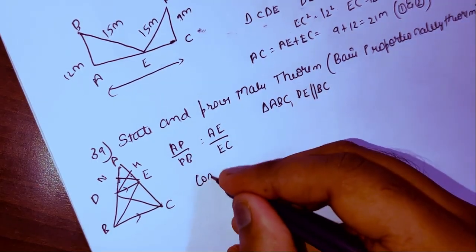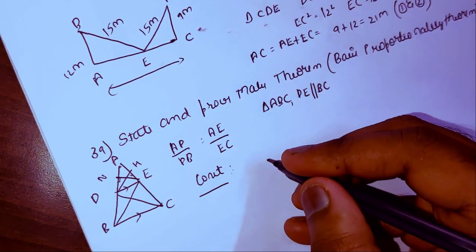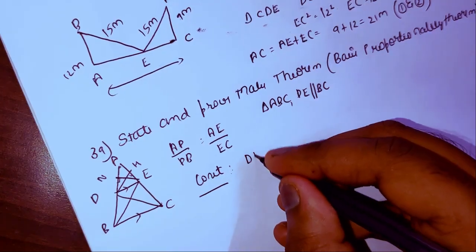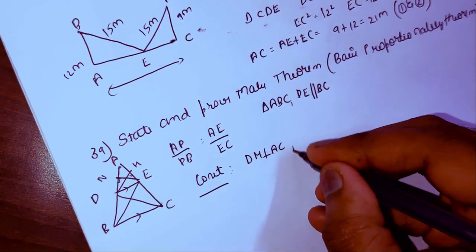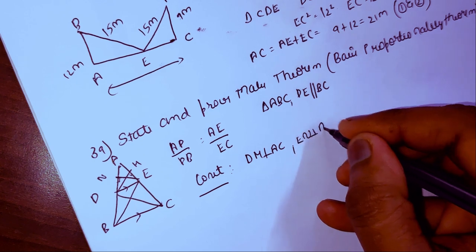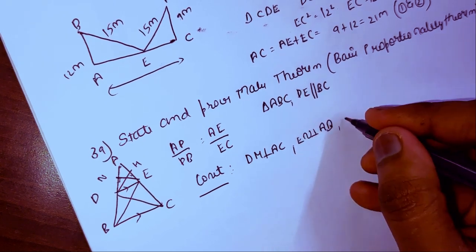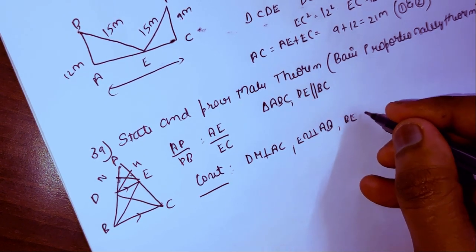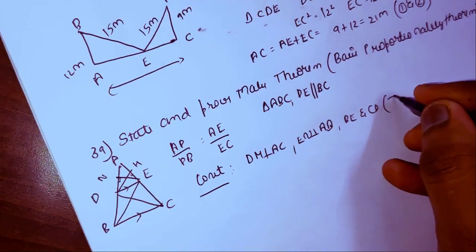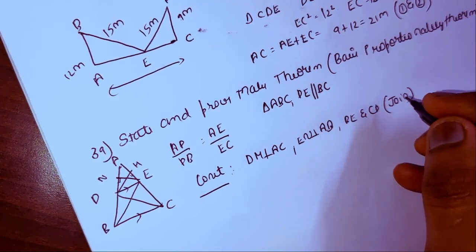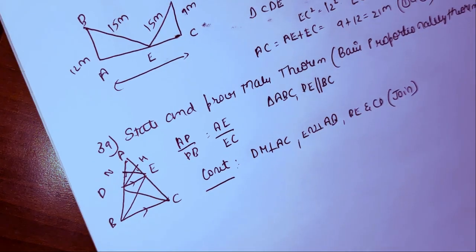We have to write the constructions. We have drawn DM is perpendicular to AC and EN is perpendicular to AB. Join B and E, join D and C. Now I start with the proof.